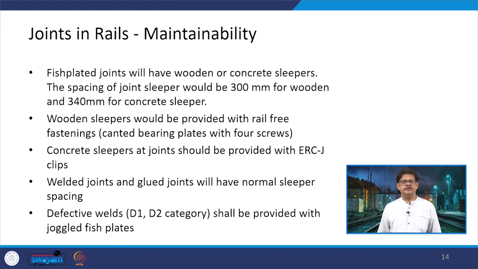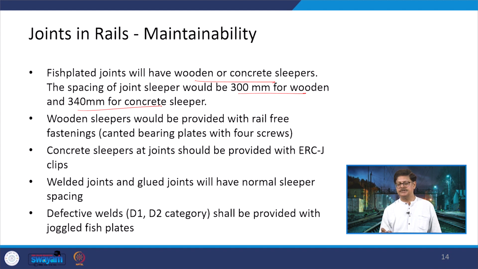Then in the case of fish plated joints, these will have the wooden or the concrete sleepers. These are the two possibilities, and the spacing of the joint sleeper would be 300 mm for wooden sleepers and 340 mm for the concrete sleepers.